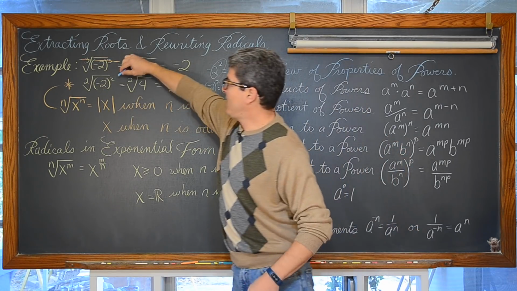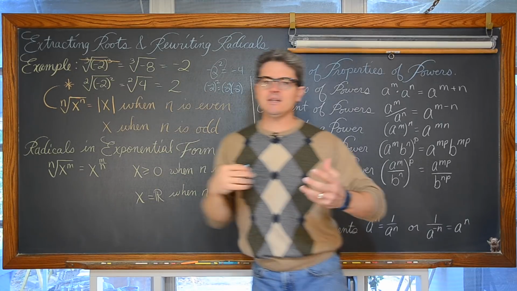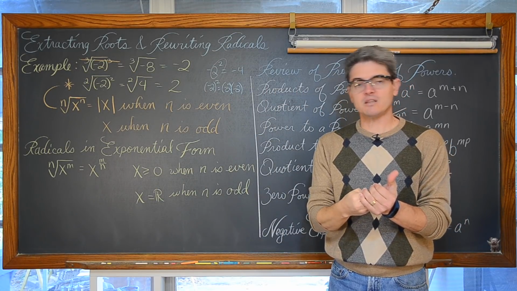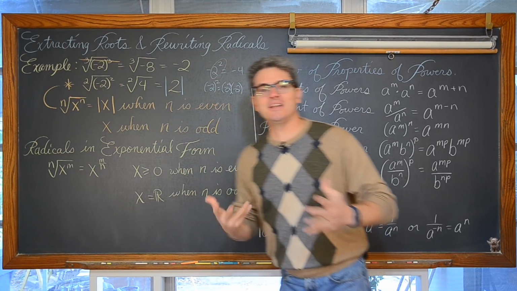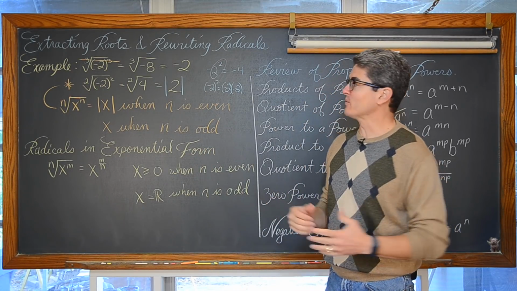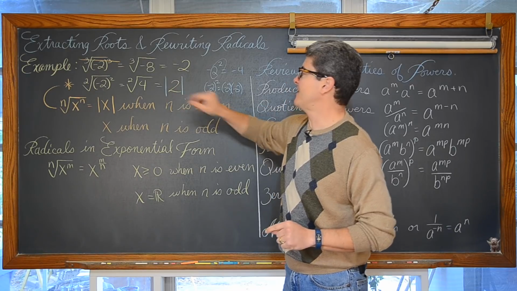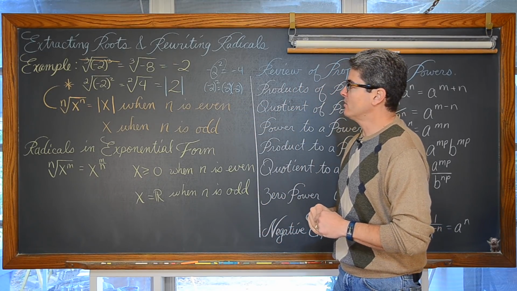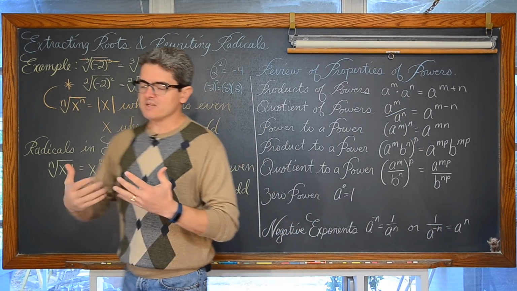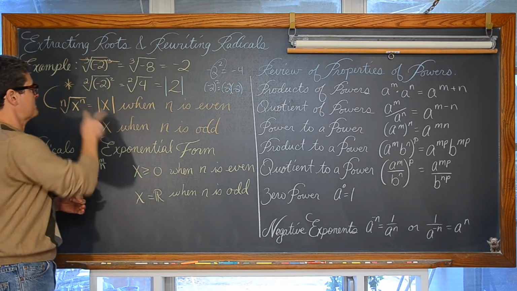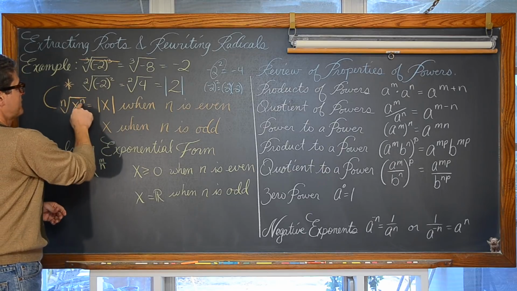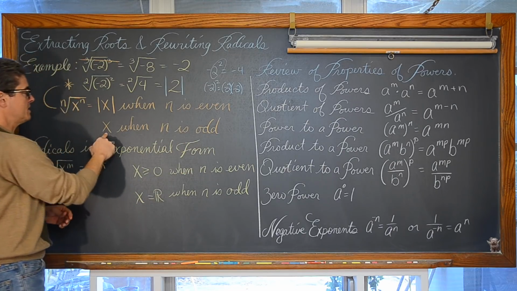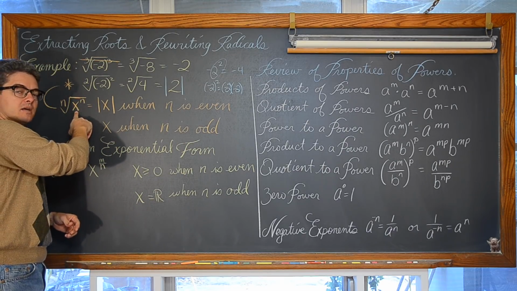So the power of 2 and the square root didn't exactly cancel each other out. While they didn't, it did act as a set of absolute values. So we need to remember that, yes, powers and roots are inverse math operations. They effectively cancel each other out. But if n is odd, you're going to get the exact same number that you see inside the radical.